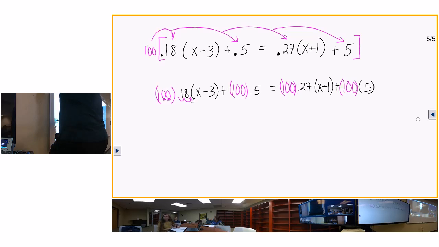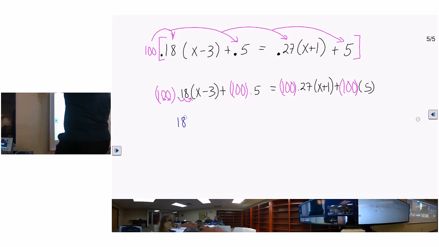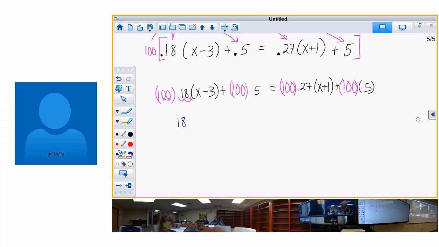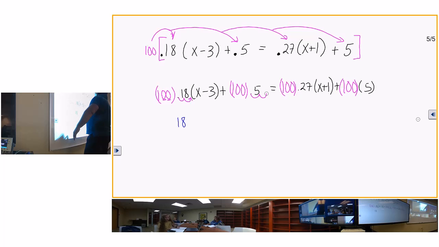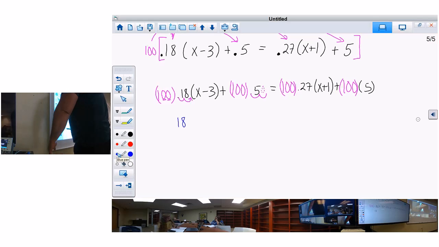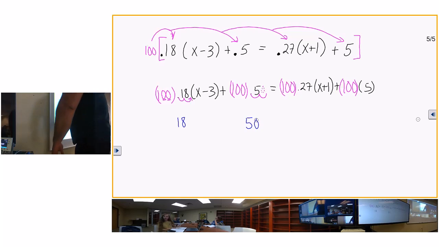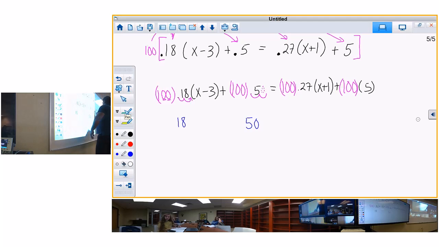That gives me, and I'll make that a different color, an 18. So what does that make my 5.5? 50. So I take my, see what I do for y'all, I write in different colors. Y'all just don't appreciate it. I love your color coding.